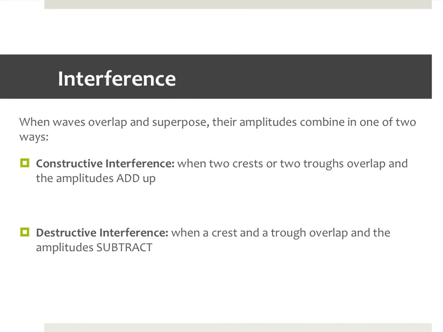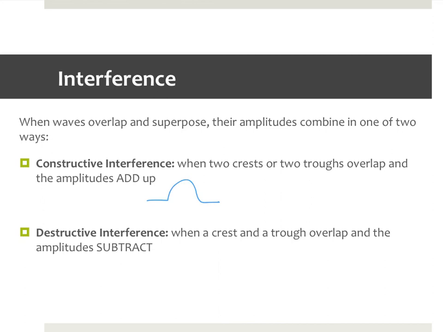Now let's talk a little bit about some wave behaviors, and we'll start with interference. When waves overlap and superpose, their amplitudes combine in one of two ways. The first one is constructive interference, when you have two crests or two troughs overlapping and their amplitudes add up.